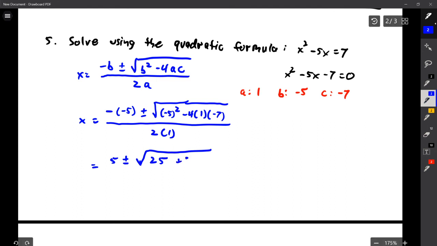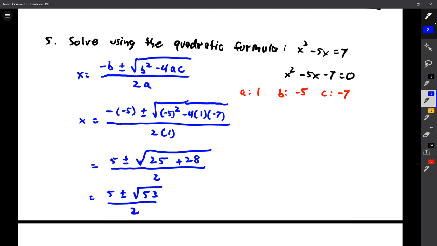So plus 28, all of that over 2. 25 plus 28 is 53. So that gives me 5 plus or minus the square root of 53 over 2.